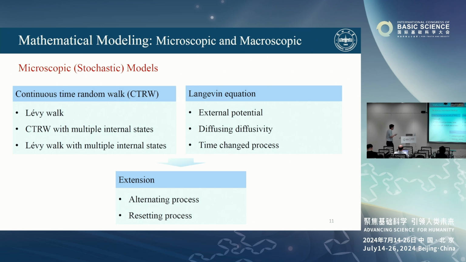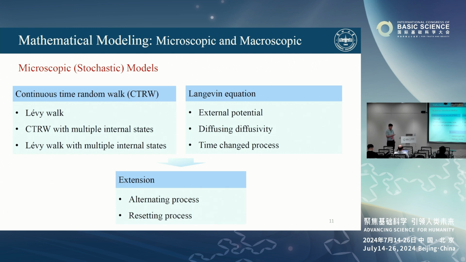The typical ones are the so-called Levy walk, and also CTRW with multiple internal states. Sometimes we can use two ways to describe a particular stochastic process, but in some cases one of them has advantages for describing the particular case.